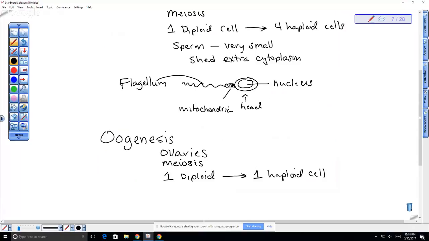And so one nucleus gets all the cytoplasm, and the other nuclei are just kind of left out of the show, right? So this is what is called unequal cytokinesis. So we talked about cytokinesis as being the separation of the cytoplasm, and unequal means that one nucleus gets all the cytoplasm.